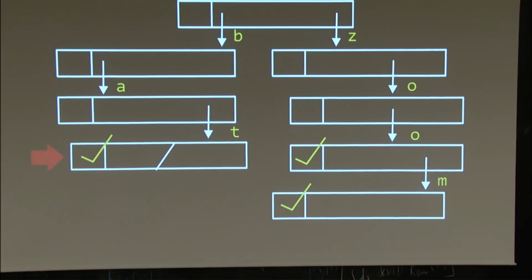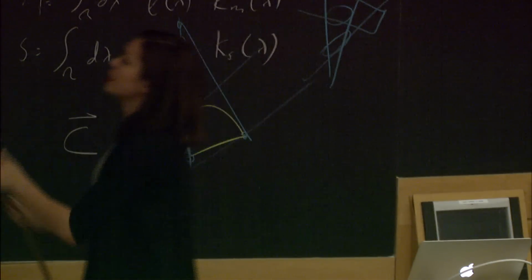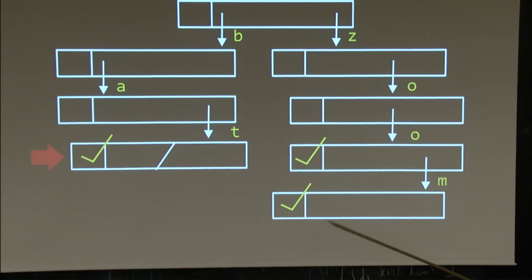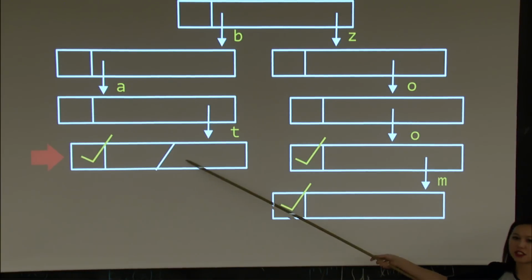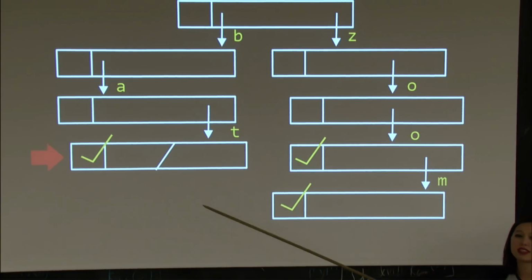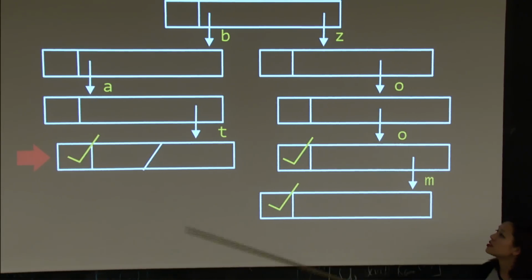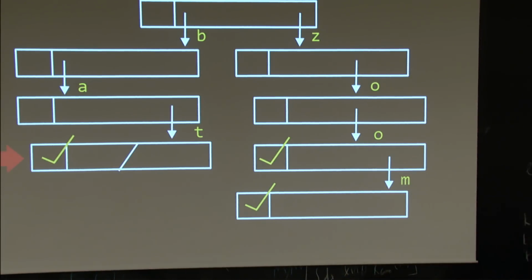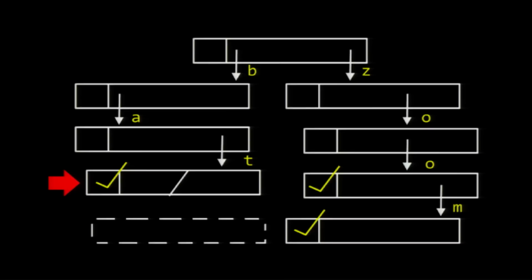Okay. So if we actually wanted to add Bath into this trie, we would do the same thing as we did with zoo, except we would see that when we try and get to H, it doesn't exist. So you can think of this as trying to add a new node into a linked list. So we would need to add another one of these arrays, like so.